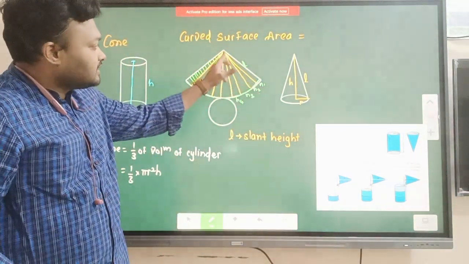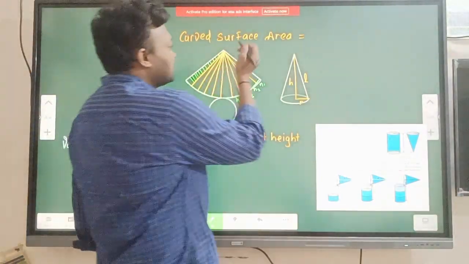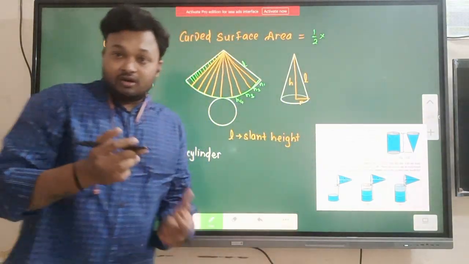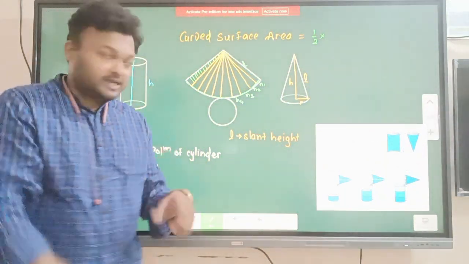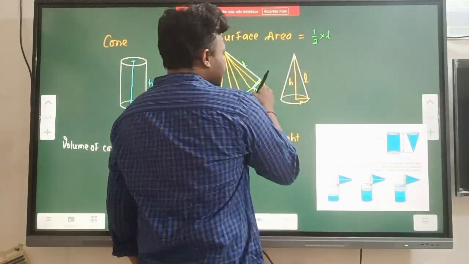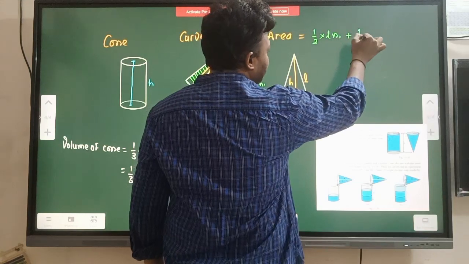This is also L, this is also L. So the curved surface area will be half into base into height, which is the formula of a triangle. So what is its height? It is L. And what is its base? It is n1 plus half into.